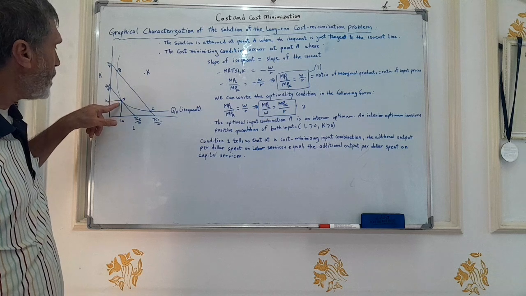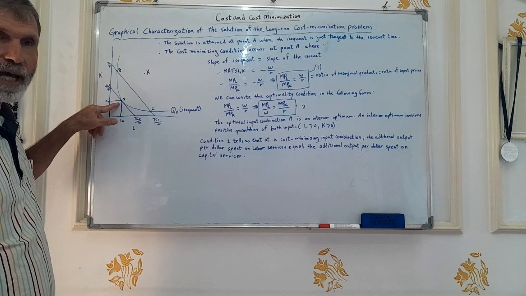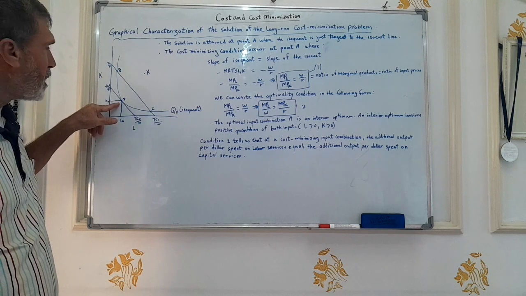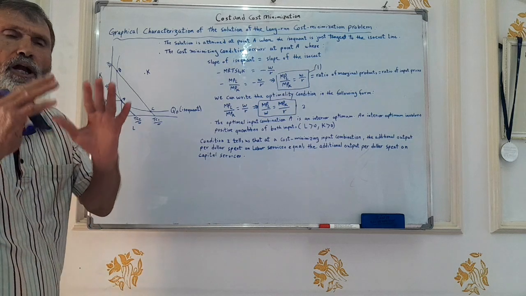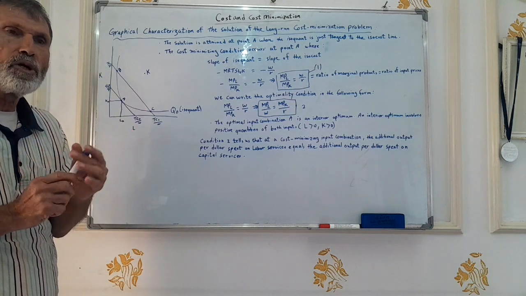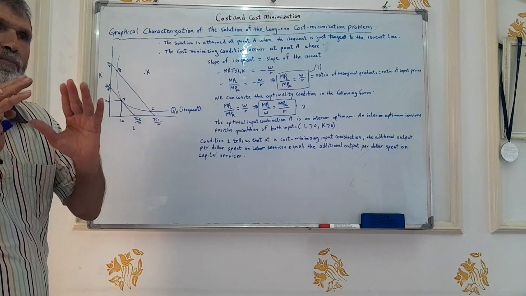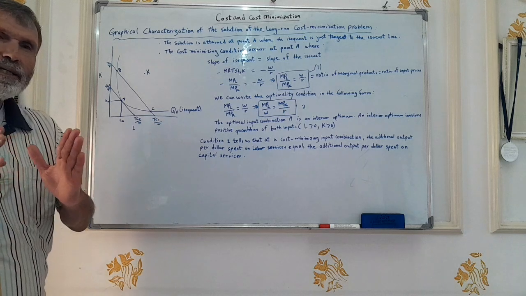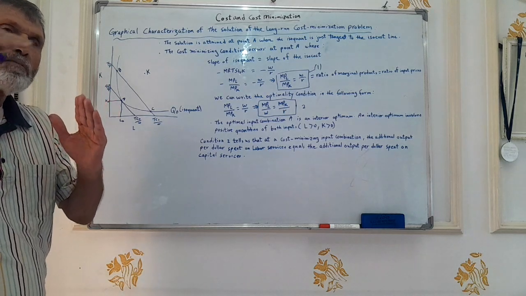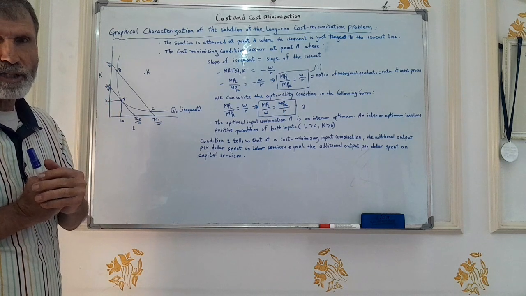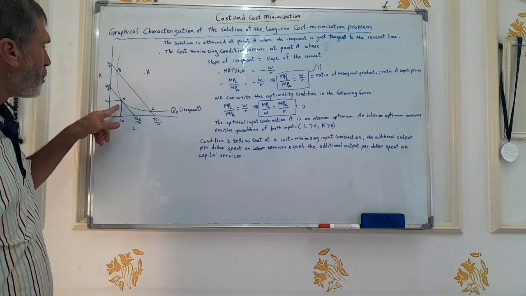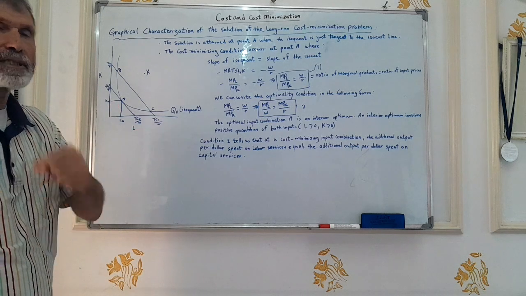Okay, so point A is the one that is optimal, because the whole objective of the firm is to produce Q0 and minimize the cost. So only at point A is the firm able to minimize the cost.